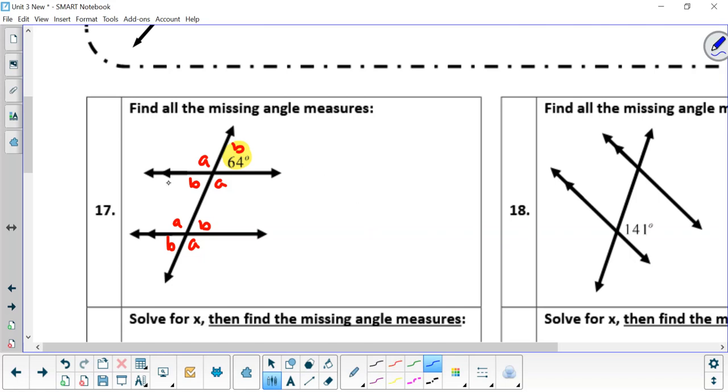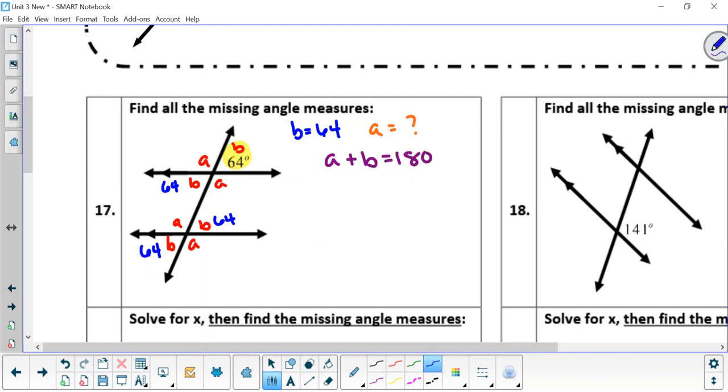So that means anywhere there is a letter B, I can write 64. I know that B is equal to 64, but A, I don't know. So since I have an A and a B, I'm going to use my rule that has both an A and a B.